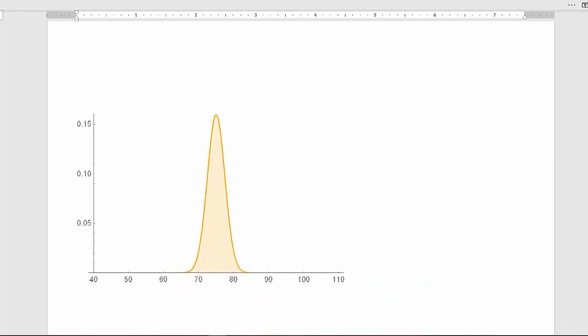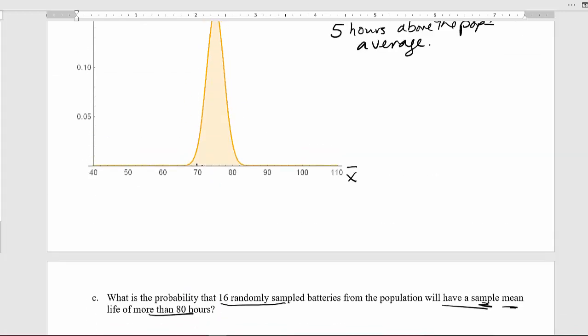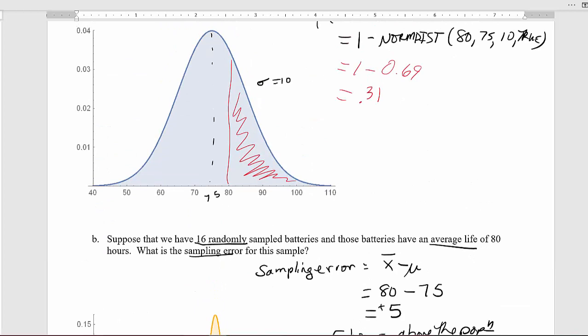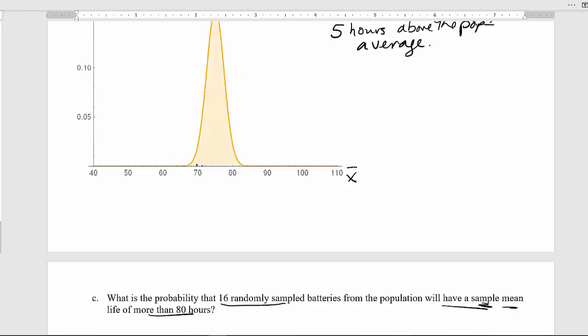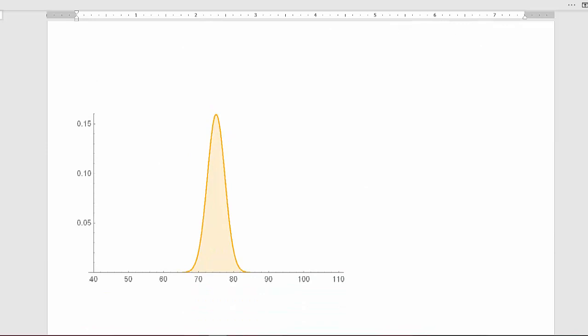All right, to answer that question, we can't be on this population distribution. This population distribution looks at individual batteries. We need to think about 16 batteries averaged together. Now, our 16 batteries averaged together should still have a central tendency towards 75.